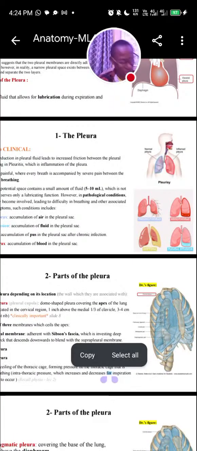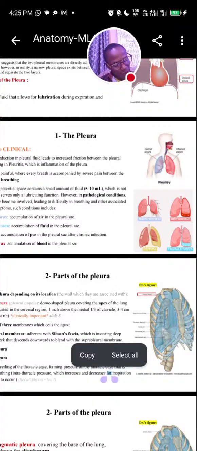I'm starting my own. I've learned about the introduction to the pleura. I've learned about parts of the pleura. I've learned about recesses of the pleura or reflections of the pleura. Clinicals of the pleura.